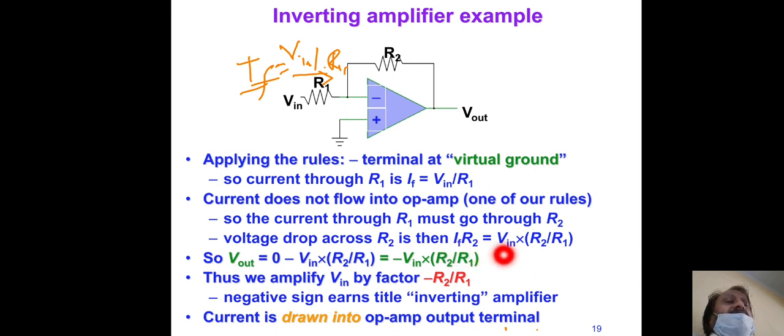We can write IF R2 equal to Vin multiplied by R2 by R1.